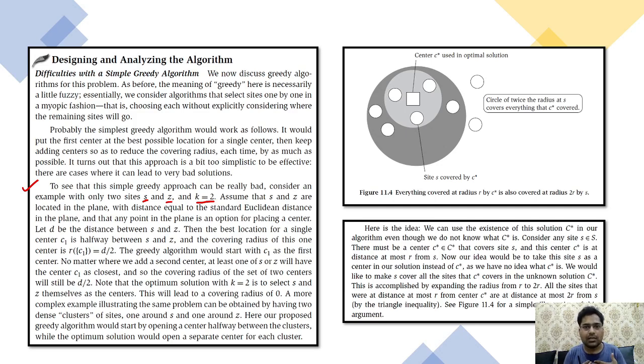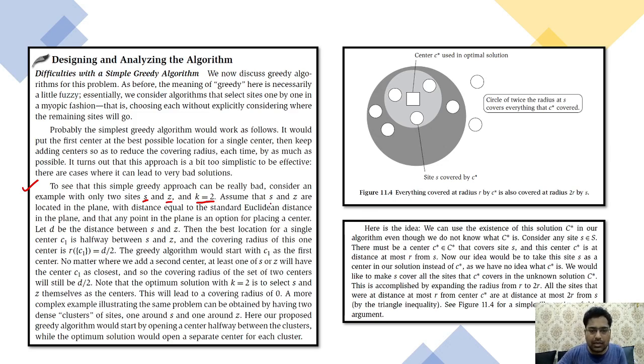Suppose I have 2 crores and I spend 1 crore on each, I can build 2 malls in two different cities, or maybe just one mall. So can it be for S and Z? That we are going to discuss now.